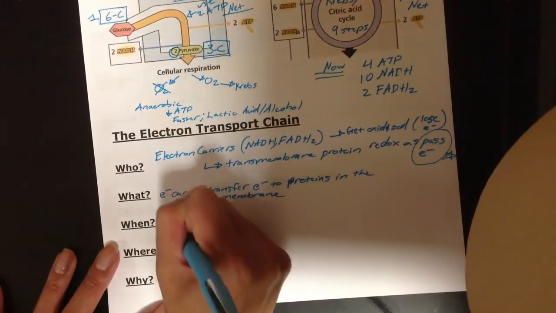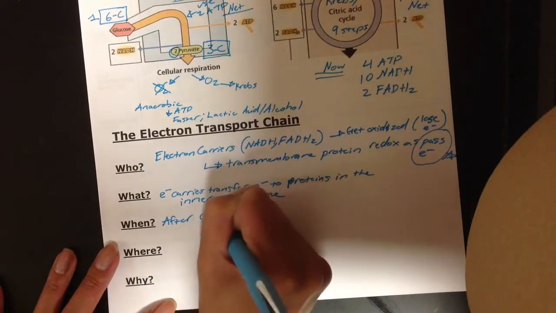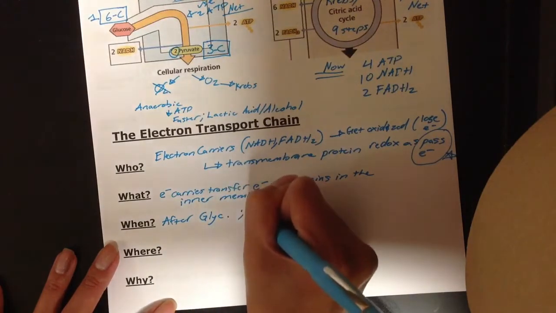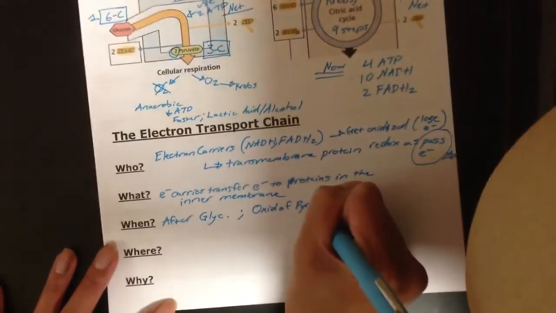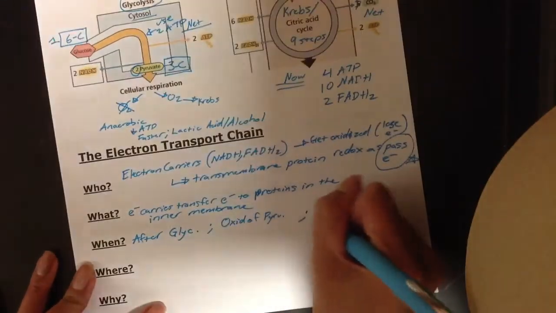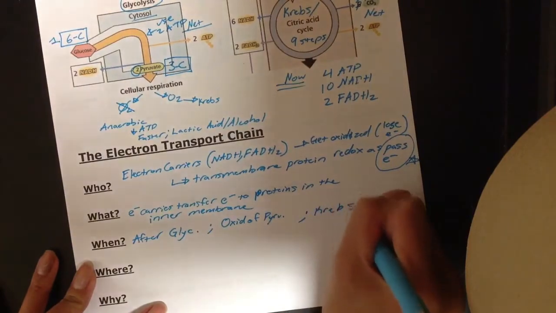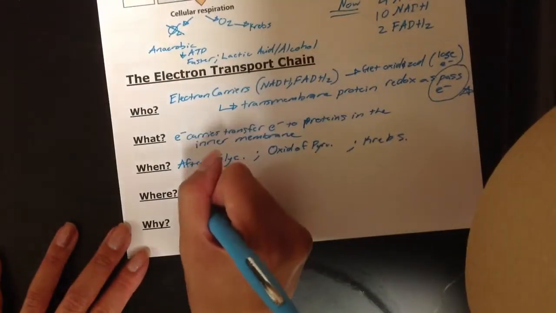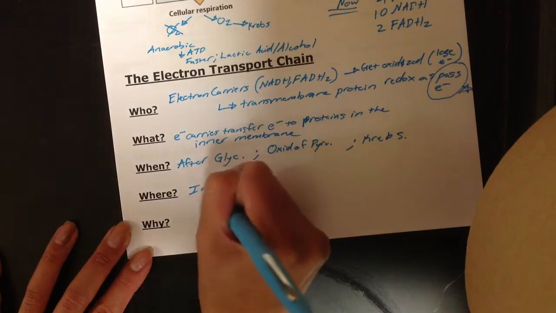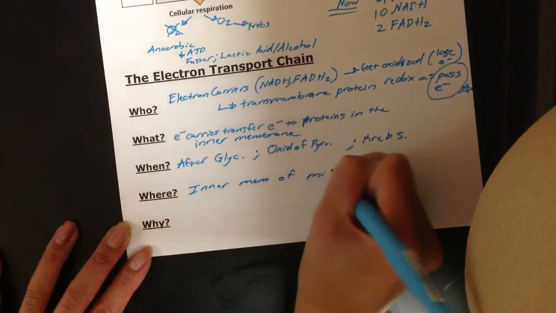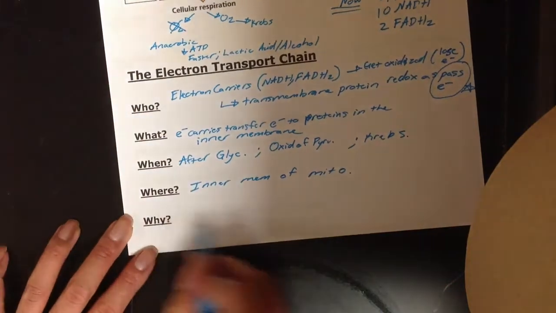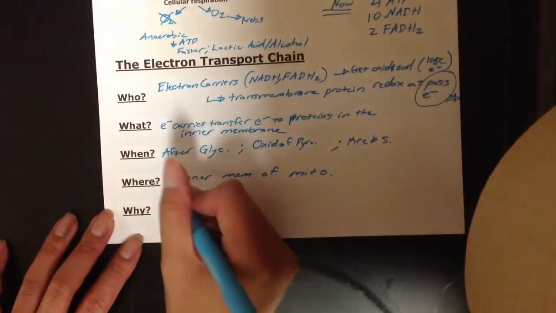This is going to be after glycolysis, after the oxidation of pyruvate, and after the Krebs cycle. Where does this occur? This is going to happen in our inner membrane of the mitochondria.